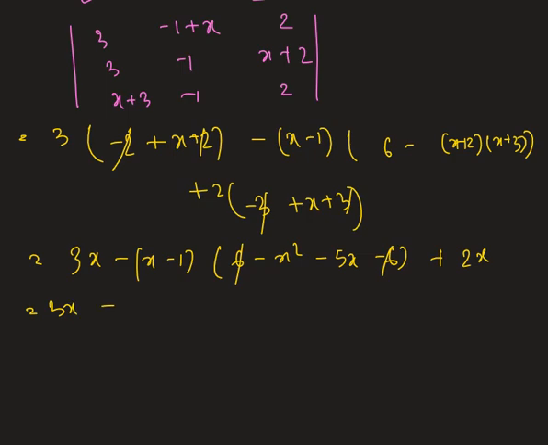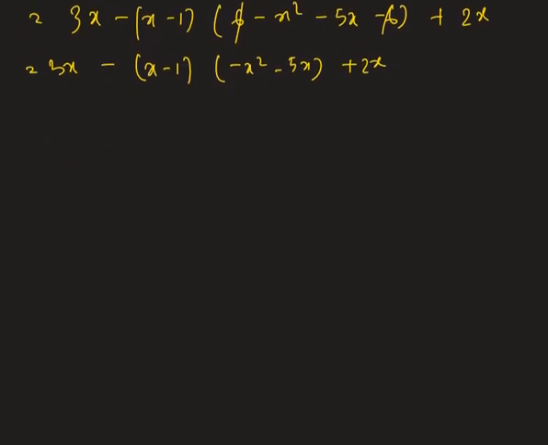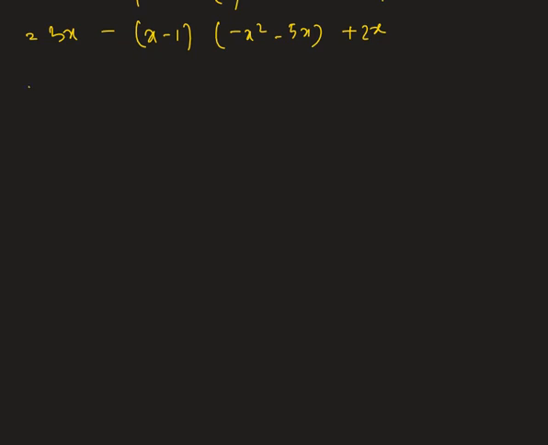So it is going to be 3x minus x minus 1, and here we get minus x squared minus 5x plus 2x. Therefore 3x minus x cube, plus 5x squared, minus x squared, and minus 5x plus 2x.